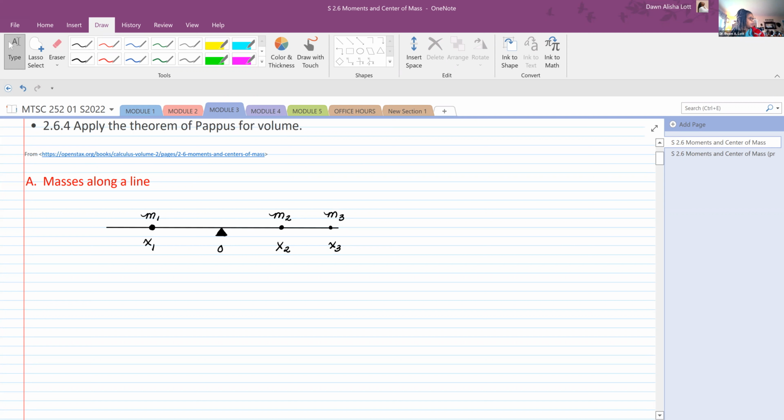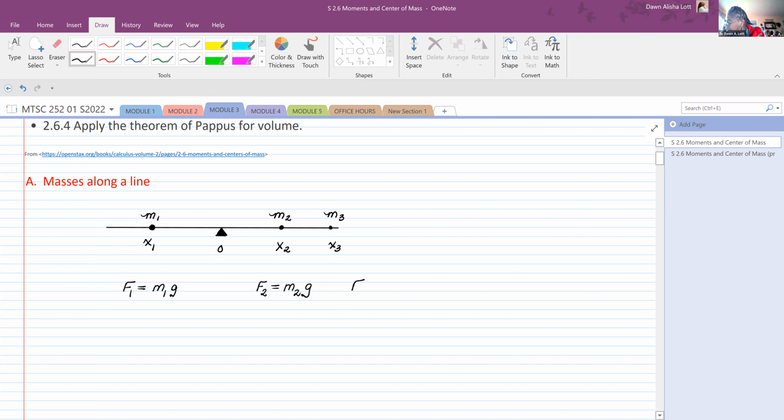Okay, so first off, we know that the force of any given mass is its mass times acceleration. So it's the mass in kilograms times the acceleration due to gravity. So this mass has a force, F1, equal to its mass times gravity. This one has a force, F2, equal to its mass times gravity.